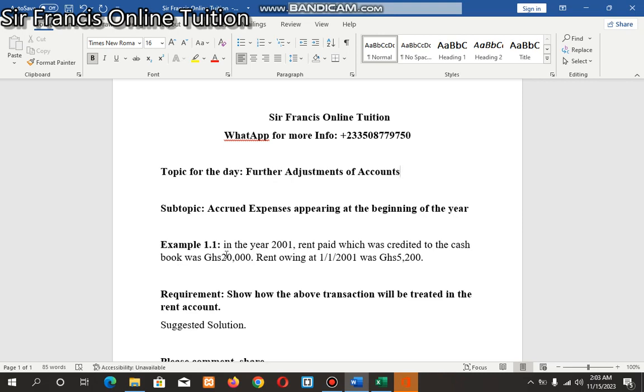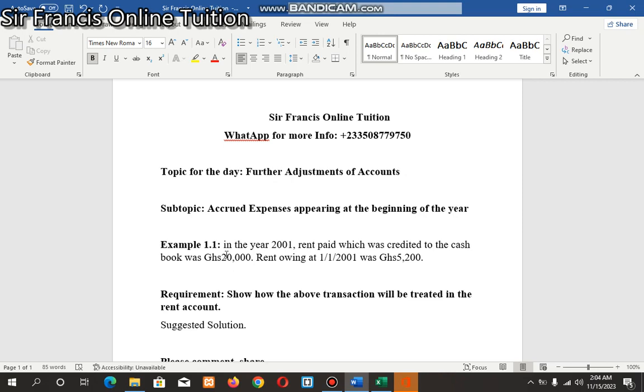And of course, per your double entry principle, if you pay something by cash, you have to credit your cash book account. That's why the question says that it was credited to the cash book. So the total expenses paid in that year, which is 2001, was 20,000.